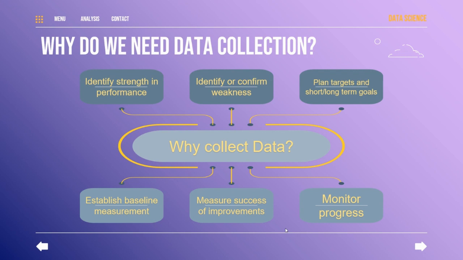Next, establishing the baseline measurement. For example, when creating a model, we need a baseline so that we can have the foundation for creation of the data set. Next, measure the success of improvements.